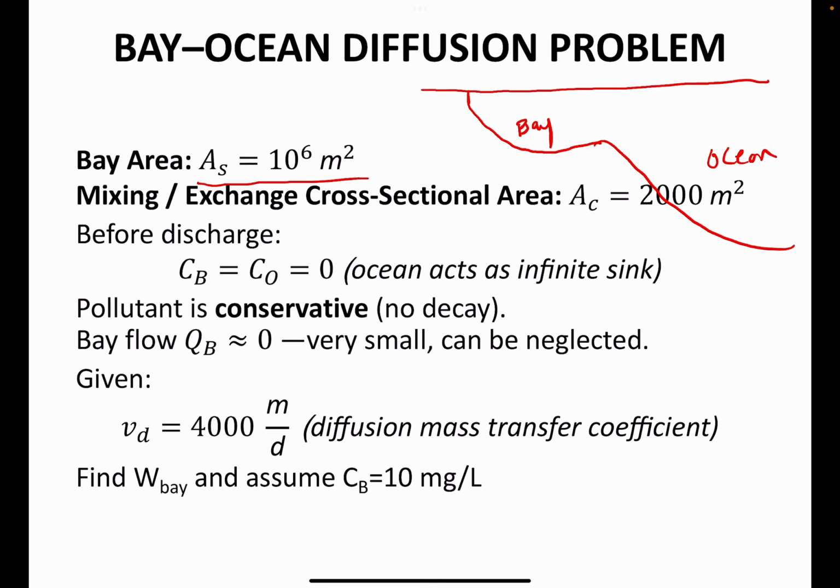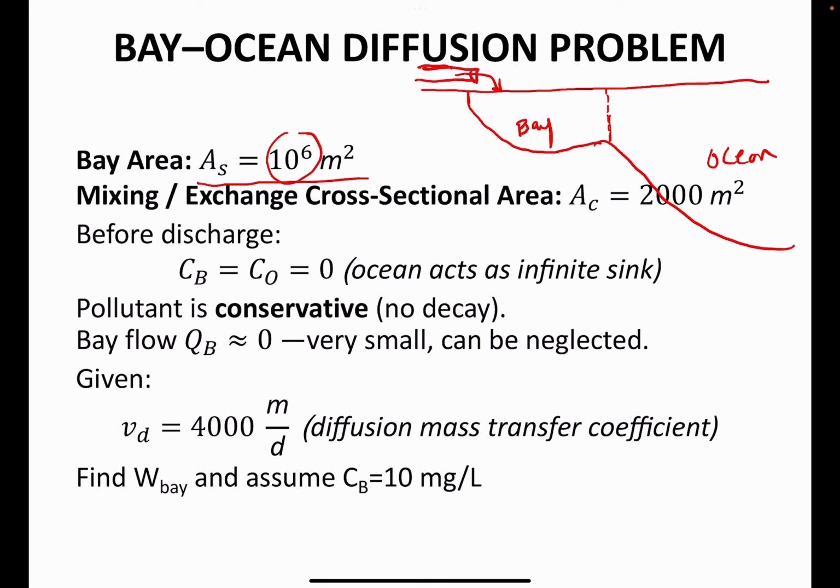And you have the Ministry of Public Works dumping, let's say, stormwater runoff into the bay. This is the line of mixing. The area of the bay is 10 to the 6 square meters.